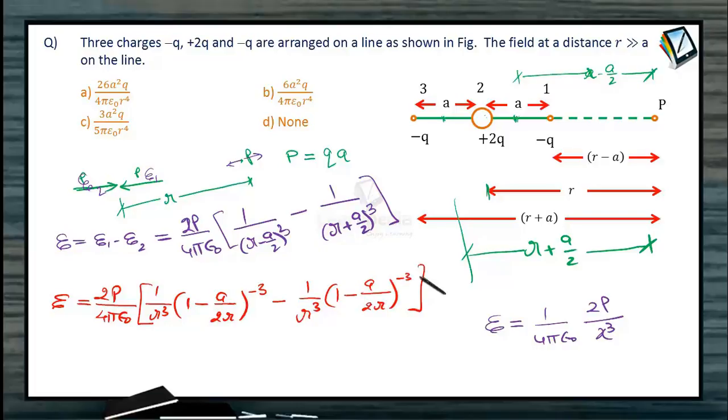As you can clearly see, we have to find the field at this point for r much greater than a. So a is very small, so this number is going to be very, very small.